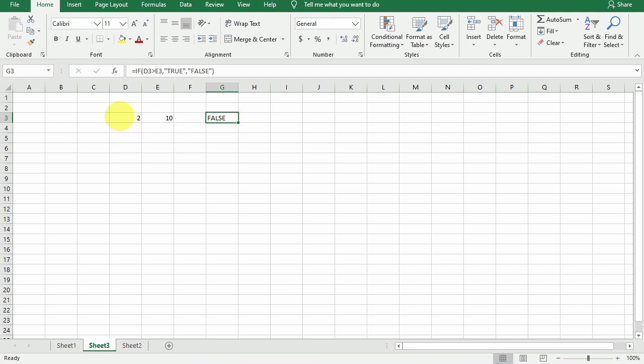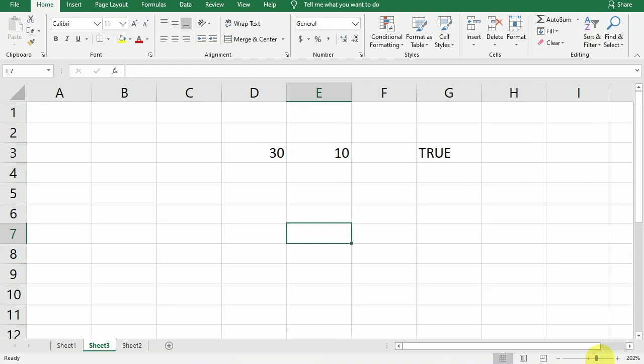Wow, it just automatically knows that the value in D3 is not greater than the value in E3. So you see, the moment I come to these two and increase the value, let's say I make it 30, you see it becomes true. Do you guys see that? Now let me zoom this out.